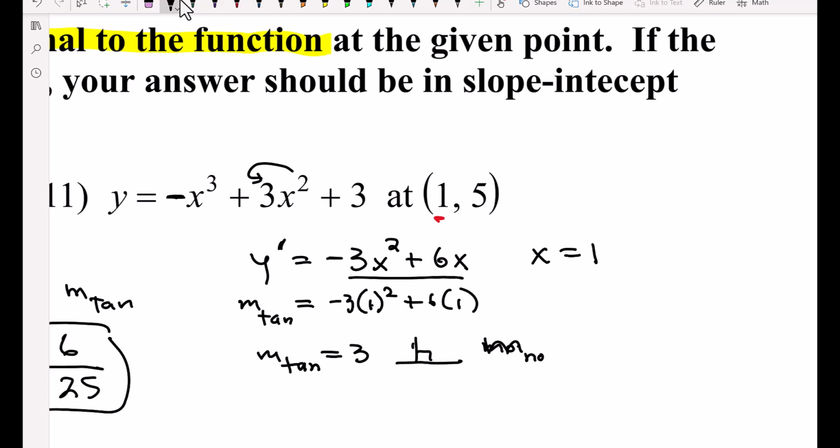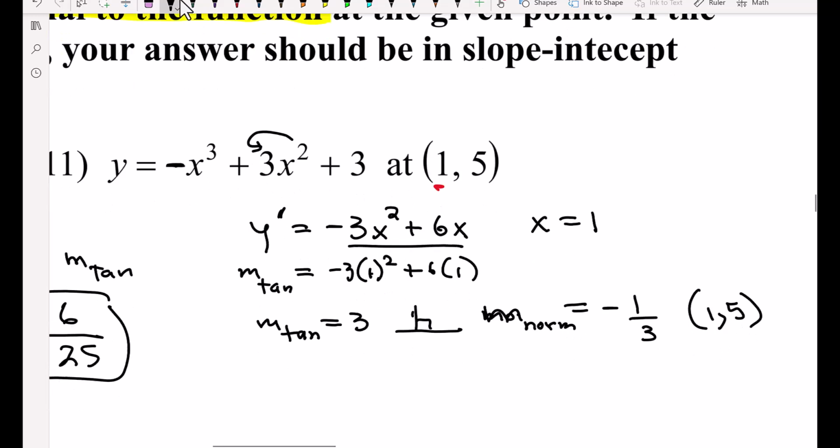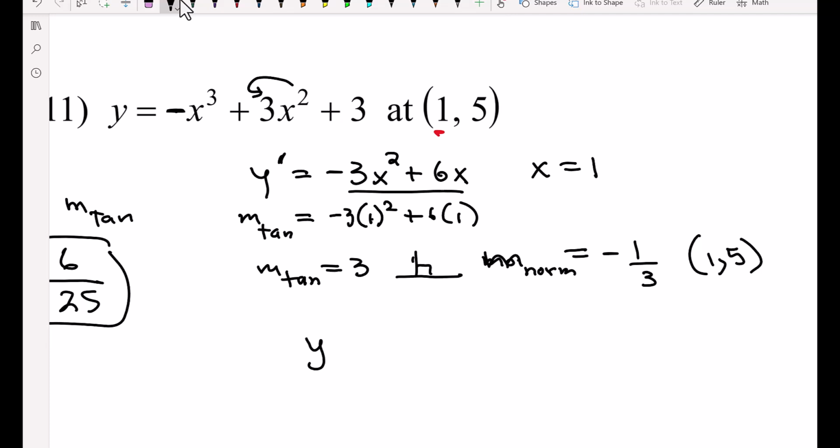So m normal is -1/3. And we're going to use the point 1, 5, and we plug it into the point slope. So y normal subtract the y value, which is 5, is equal to the slope of the normal line times x minus the given x value.